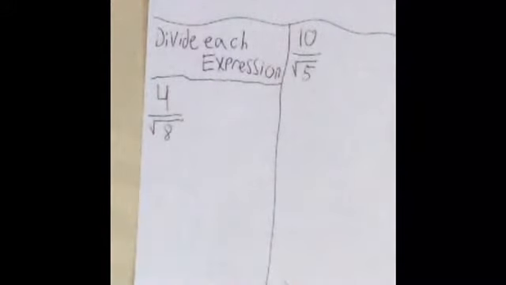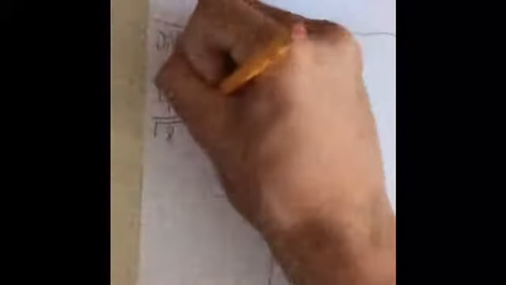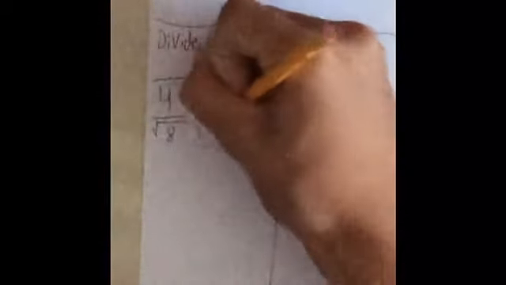The instructions say to divide each expression. The first step is we have to multiply the denominator by itself. And what we do to the bottom, we have to do to the top.